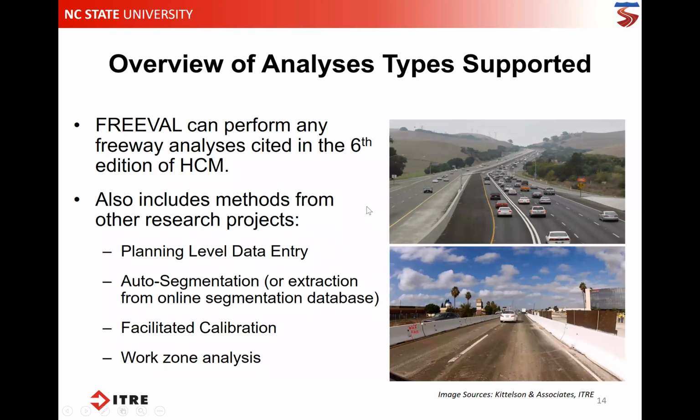Okay, so as I mentioned earlier, FreeVAL can perform any freeway analysis that is cited in the 6th edition. It also includes, in the version we will show you, some additional tools to simplify the input process. One of the things that we heard from the users is, do we really need to enter a 15-minute flow rate for every segment, for every on-ramp, for every off-ramp, for the entry to the facility?